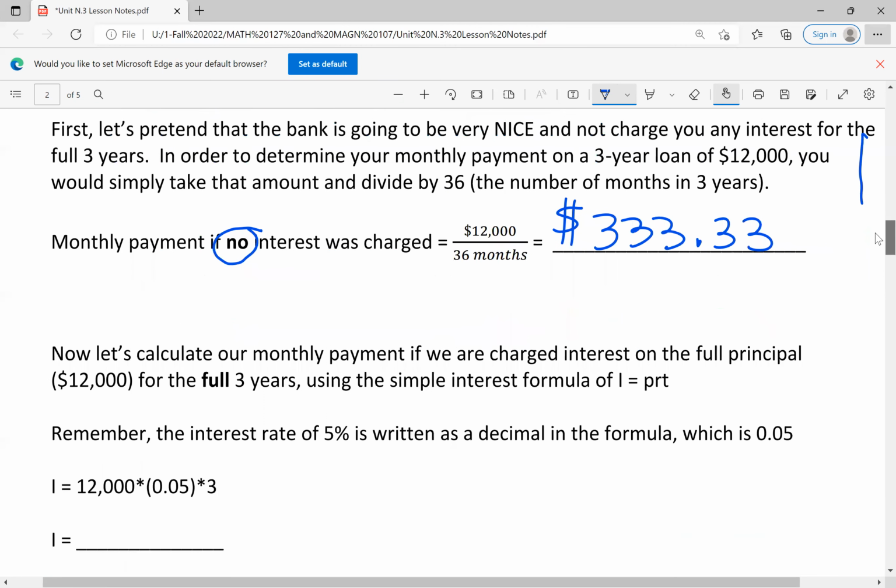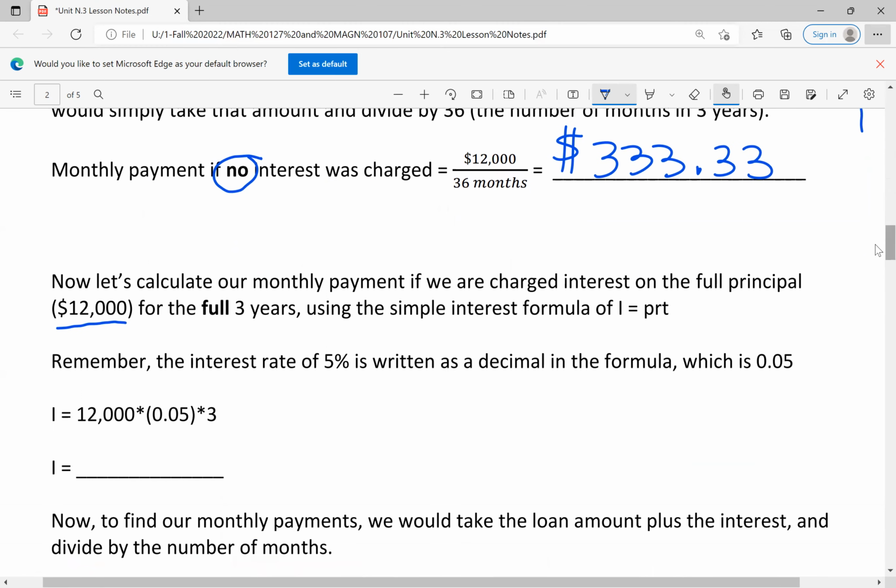Now, let's calculate our monthly payment if we are charged interest on the full principal. That's $12,000 for the full 3 years using the simple interest formula. Remember, the interest rate is 5%, which written as a decimal is 0.05.